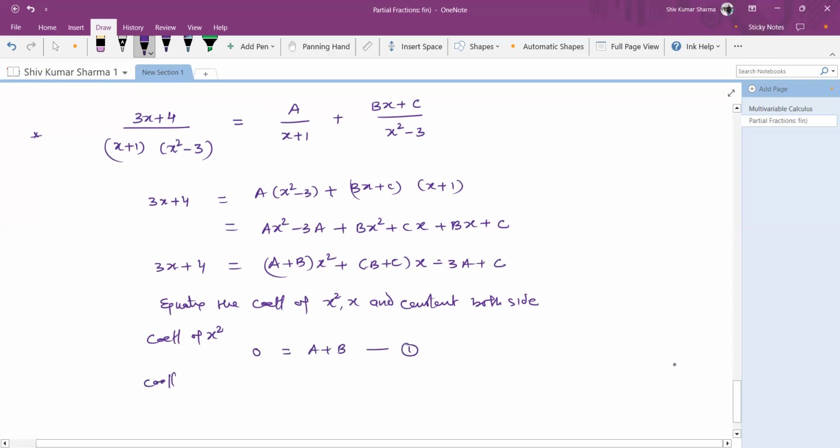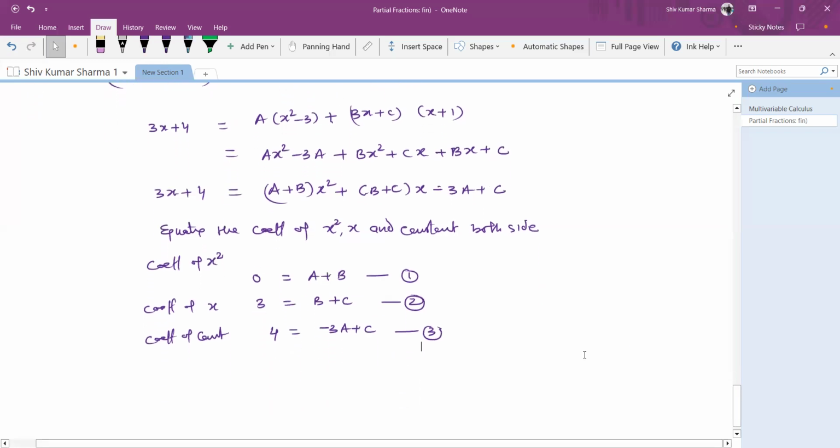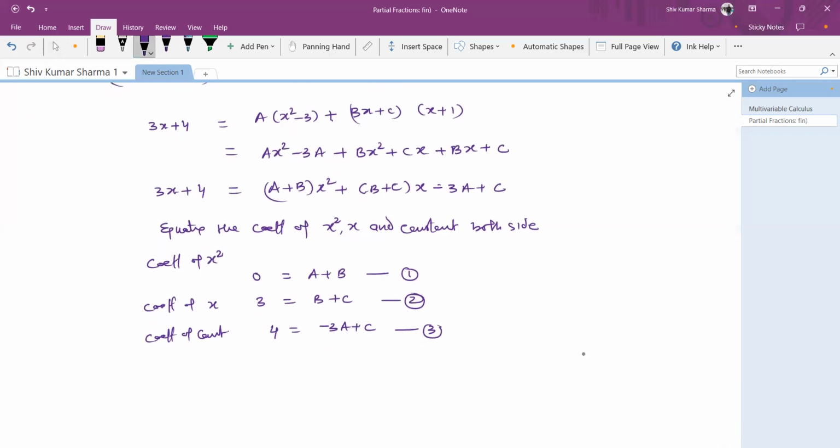Coefficient of x is 3, 3 is equal to b plus c. This is equation 2. Coefficient of constant, constant is 4, 4 is equal to minus 3a plus c. We remember the sign of the constant term also, we use that. Now we solve these 3 equations for obtaining a, b and c.